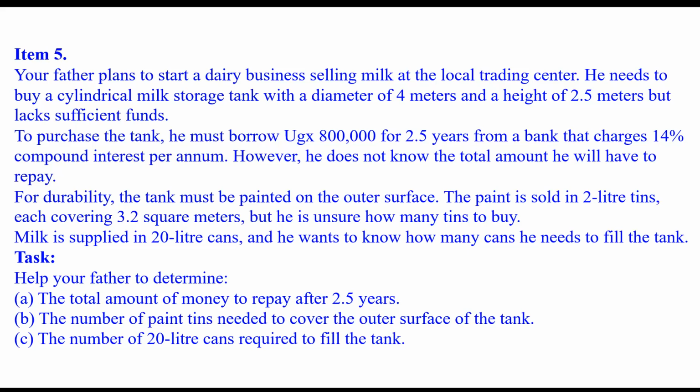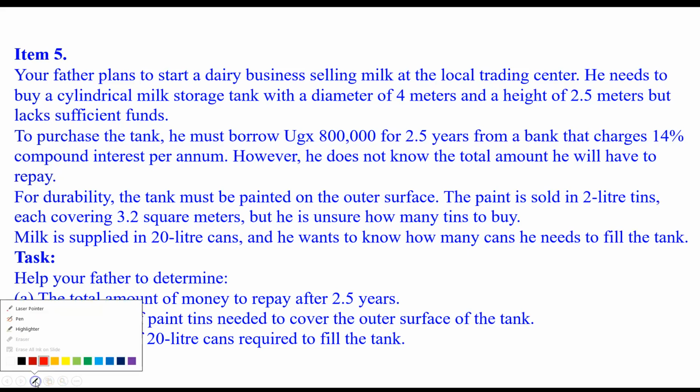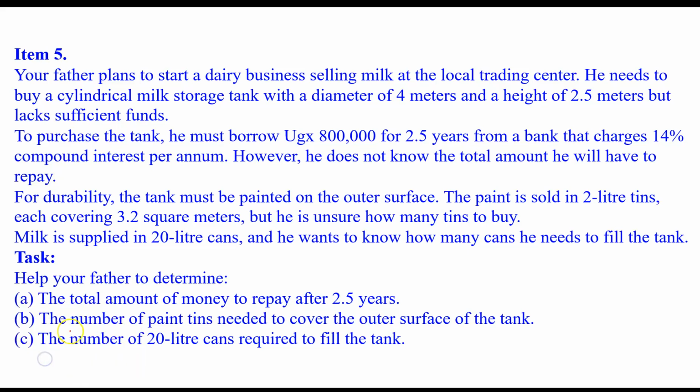So let's go to solutions, and we shall start with part A, which requires us to determine the total amount of money to repay after 2.5 years. They had said he must borrow 800,000 shillings for 2.5 years from a bank that charges 14% compound interest per annum.